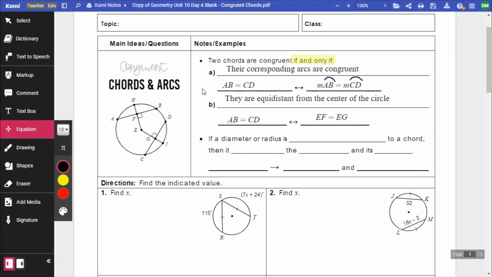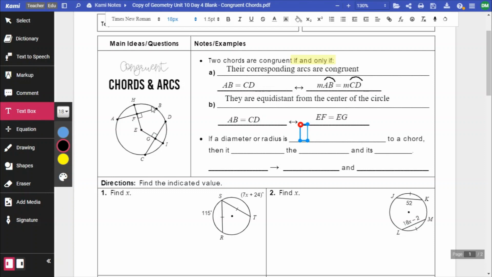We also have something else interesting happening here with these right angles. So if a diameter or a radius, so some line segment going through the center of the circle, is perpendicular to a chord, then it bisects the chord and its arc.